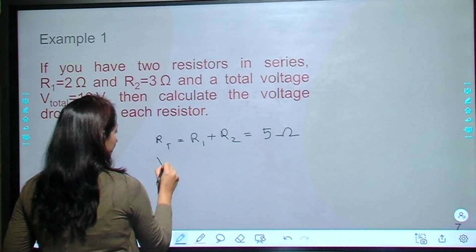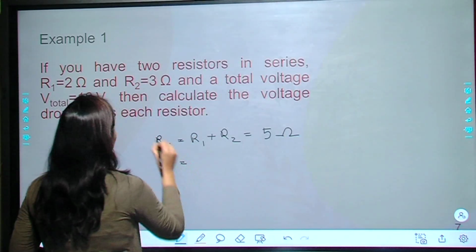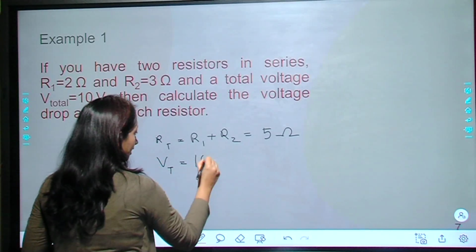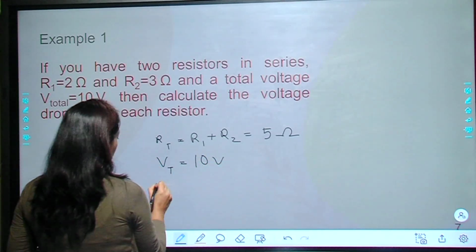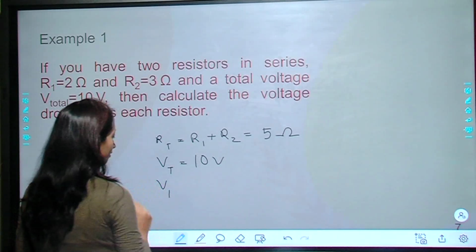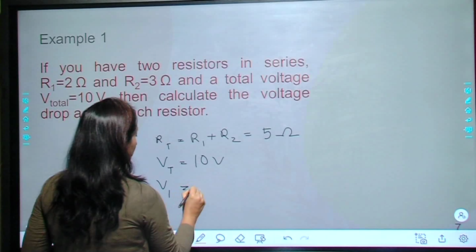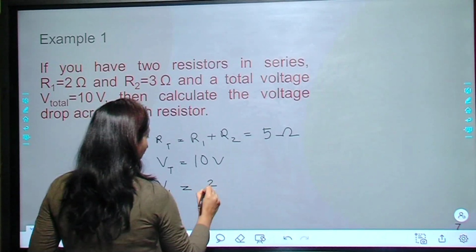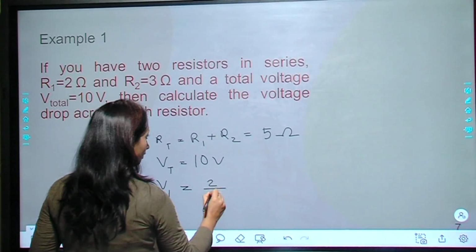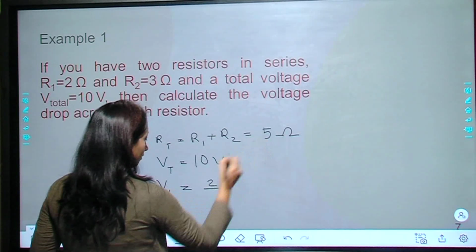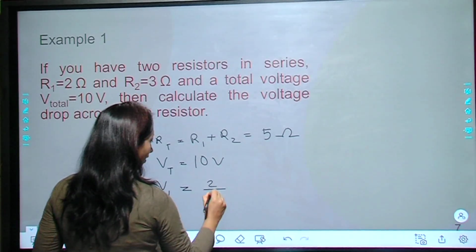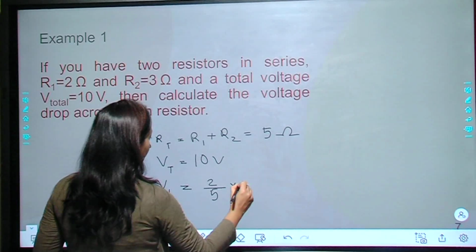And Vt, the total voltage, is given as 10 volt. So what is the voltage drop V1 across R1? It is R1, 2, divided by the total resistance, 5, into Vt.